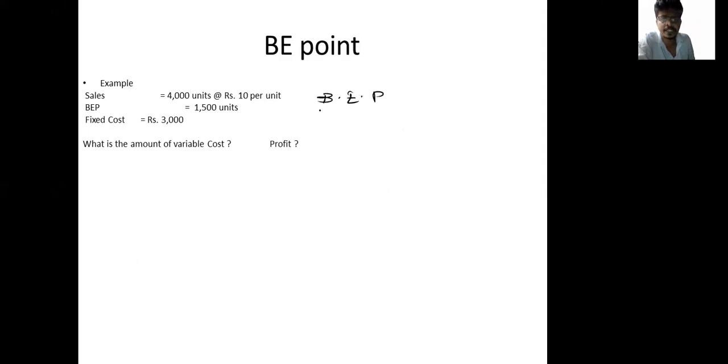Break-even point units equals fixed cost divided by contribution per unit.